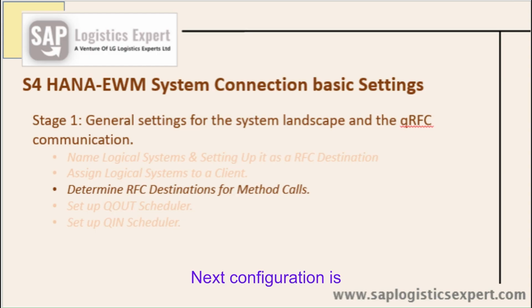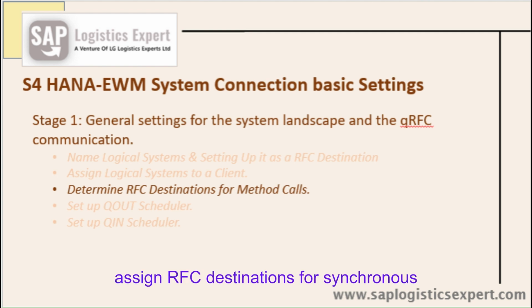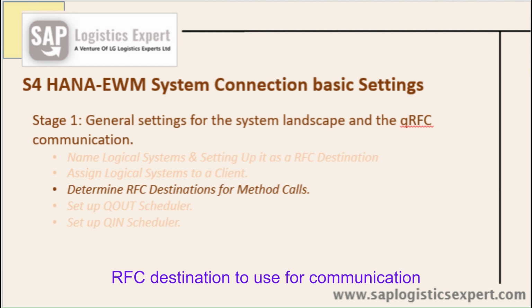Next configuration is BD97. Assign RFC destination for synchronous method calls. Transaction BD97 in SAP is used to assign RFC destinations for synchronous method calls in ALE, Application Link Enabling. This step ensures that when a synchronous method is executed, the system knows which RFC destination to use for communication with the target system.